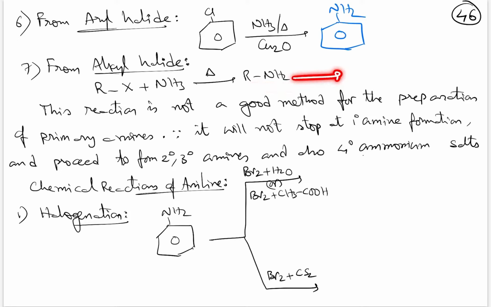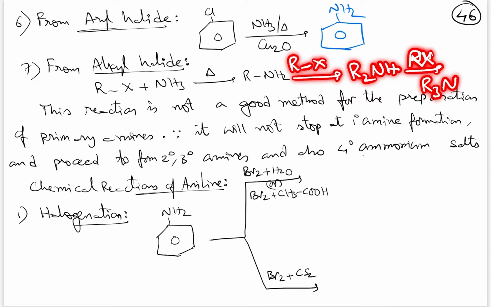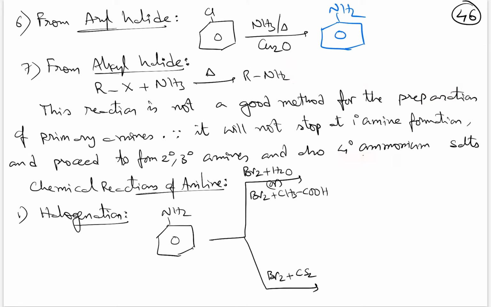It will further react with one more alkyl halide, resulting in the formation of a secondary amine, which will react with another alkyl halide and result in the formation of a trialkyl amine. Even that will lead to formation of quaternary ammonium salts also. Therefore, this reaction is not suitable for the preparation of primary amine alone. You will be getting a mixture of primary, secondary, tertiary amines and also quaternary ammonium salts.